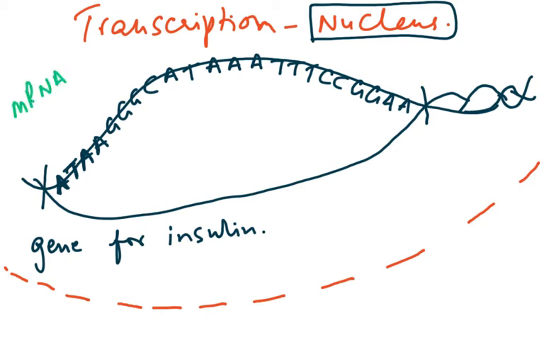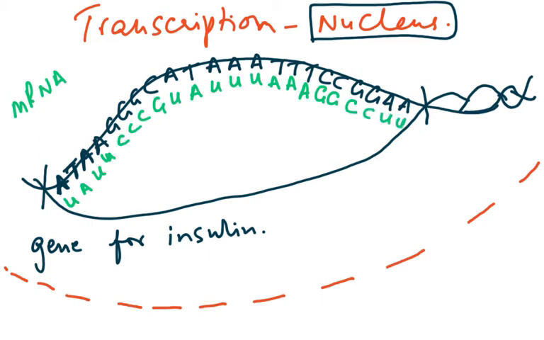So as you know, in RNA there is U, so A will be copied by U, T will be A, then U, then U, then C, C, C, G, then U again, then T, A, then U again, then U, U, A, A, G, G, C, C, U, U. Now this is not going to be that short, it's going to be a pretty long DNA which is copied by the mRNA.